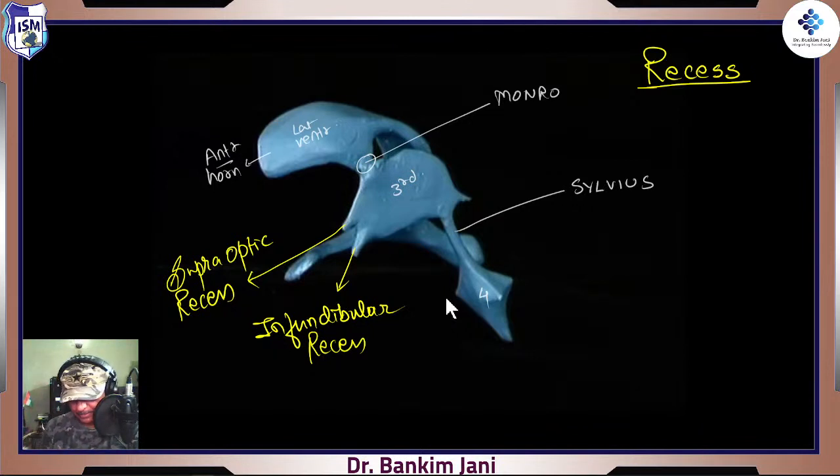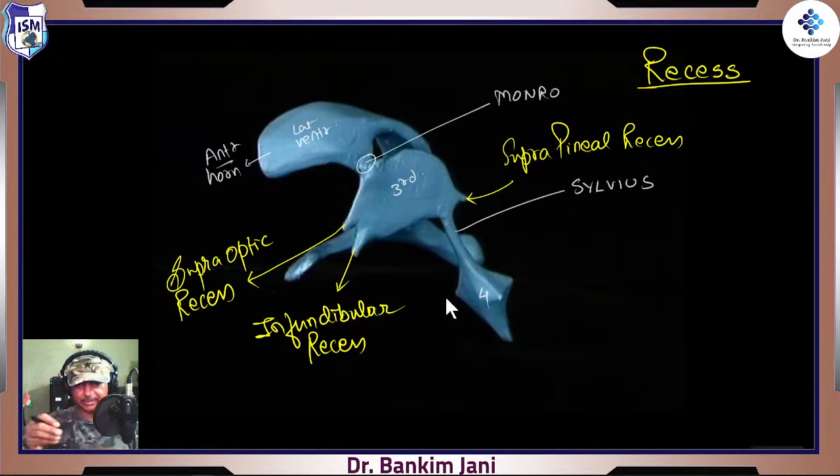And this posterior one, there are in fact two. One is the pineal and then there is a suprapineal recess. So these are just the extensions. And over here, there would be one opening, and then there would be two laterals.